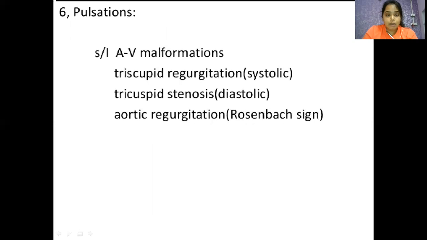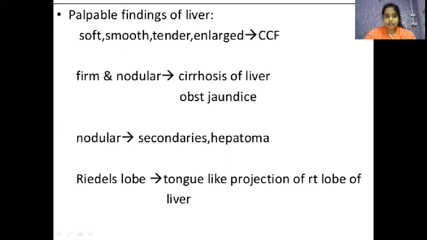Now pulsation. Pulsation is found in AV malformation, tricuspid regurgitation in systole, tricuspid stenosis in diastole, and aortic regurgitation, Rosenbach sign. Now palpable findings of the liver. A soft, smooth, tender, enlarged liver is caused by congestive cardiac failure.